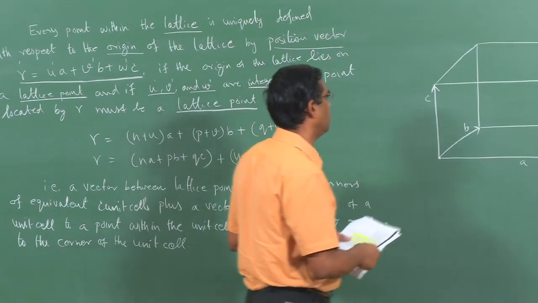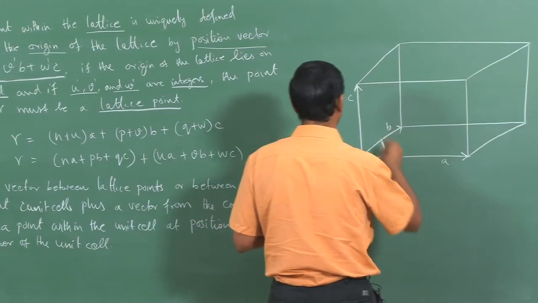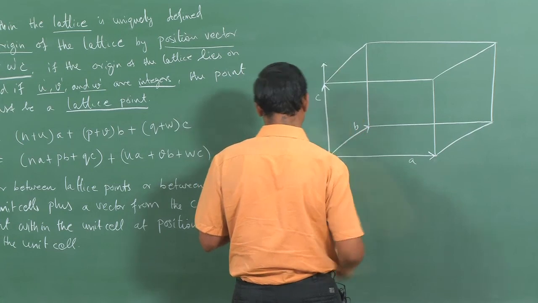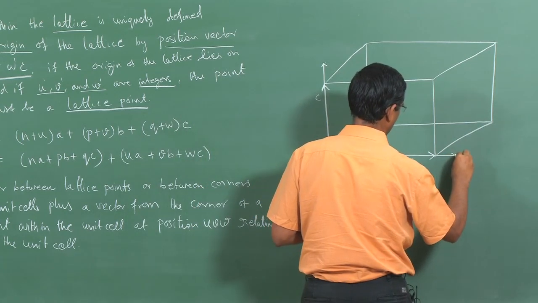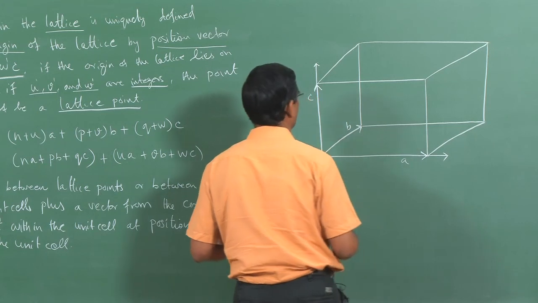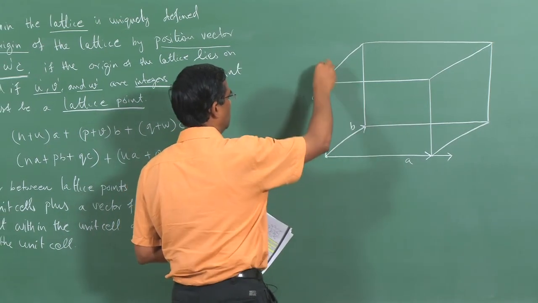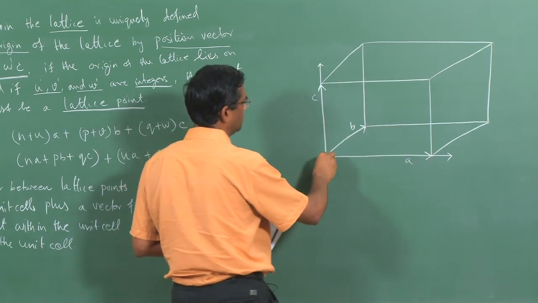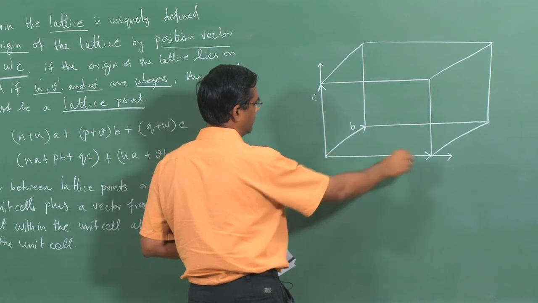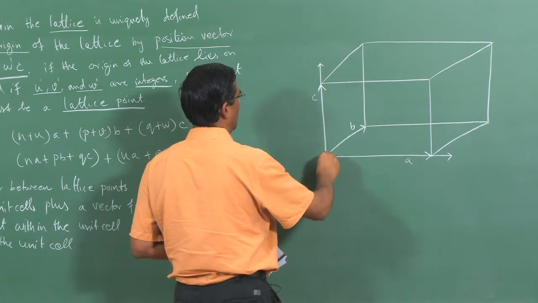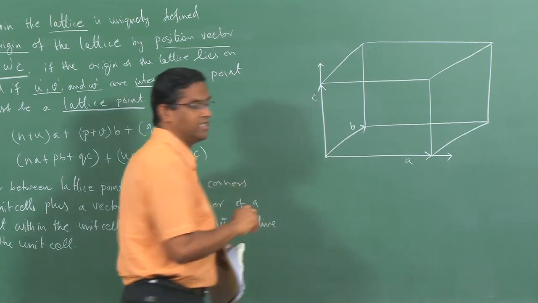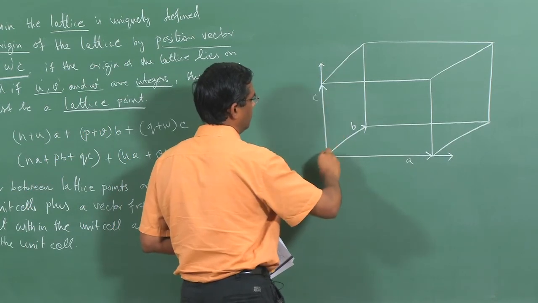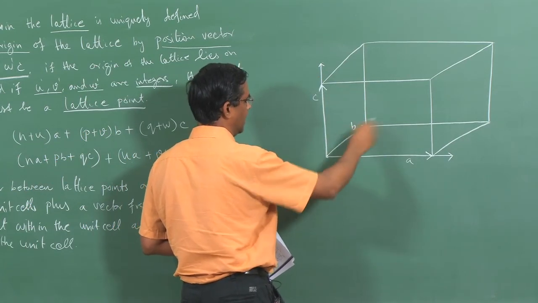For example, if you look at these two simple directions, I have only the z direction, and I do not have coordinates from any other axis.